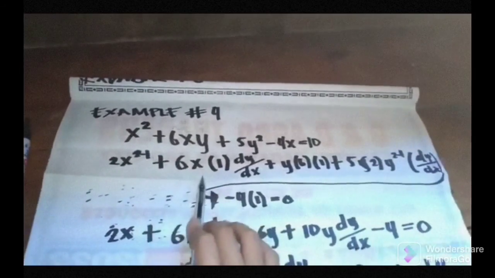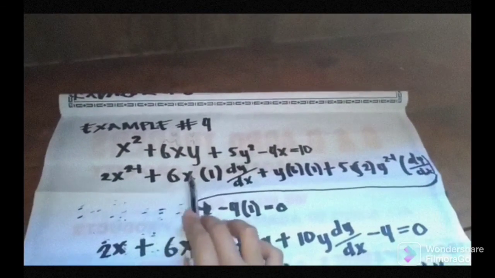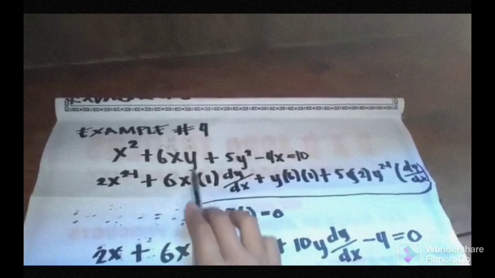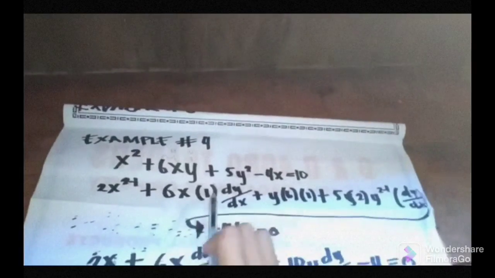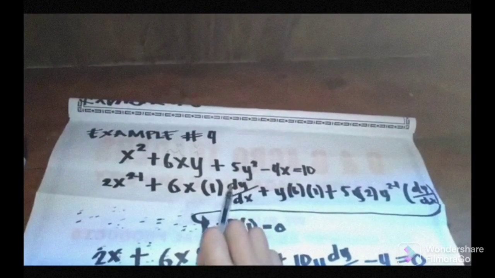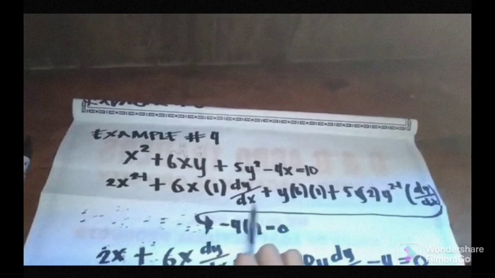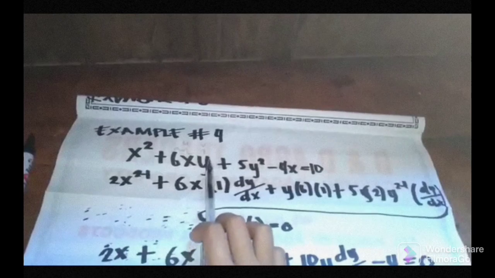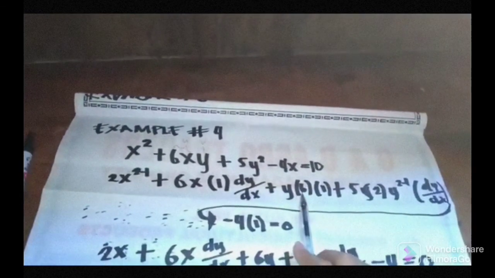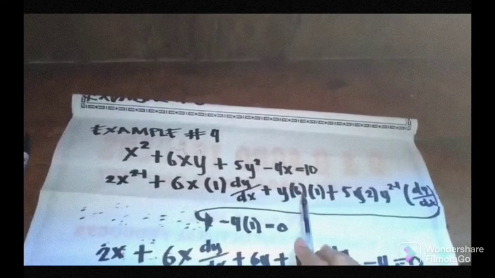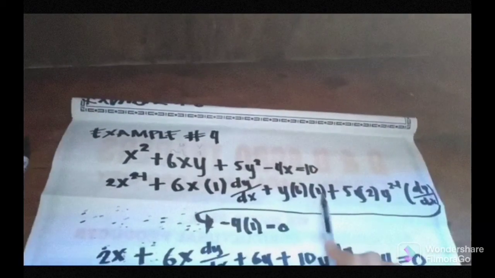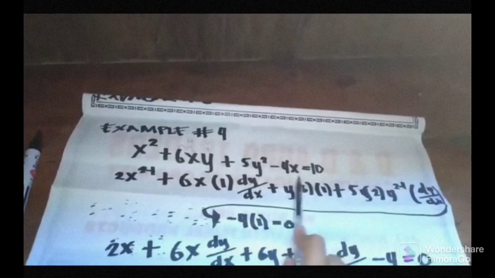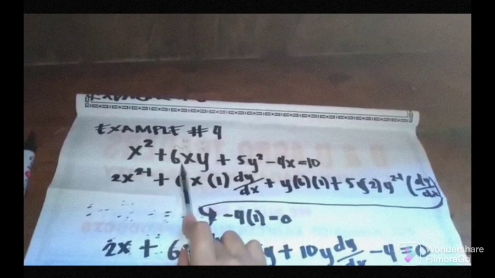So, copy the first, which is 6x, times the derivative of y, which is 1 times dy over dx, plus copy the second, which is the y, then times 6, the derivative of x, which is 1. So we already solved the derivative of our second term.